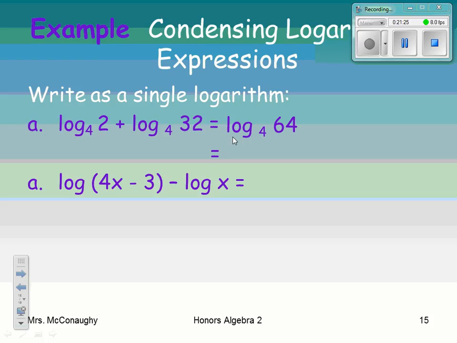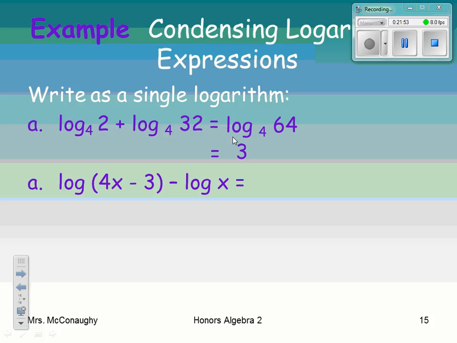So 2 times 32 is 64. Now I can actually simplify that. Log base 4 of 64, and I get 3. So I'm condensing it. I'm making it smaller. I'm making it simpler.